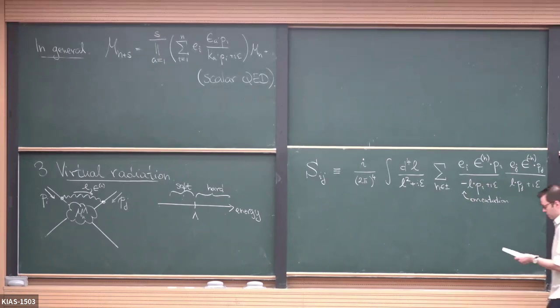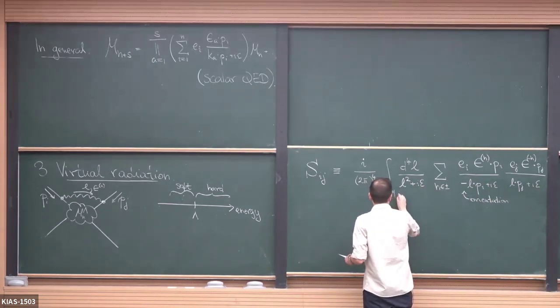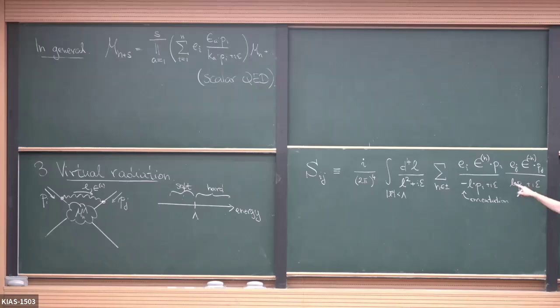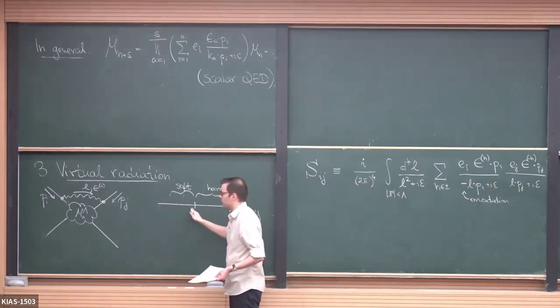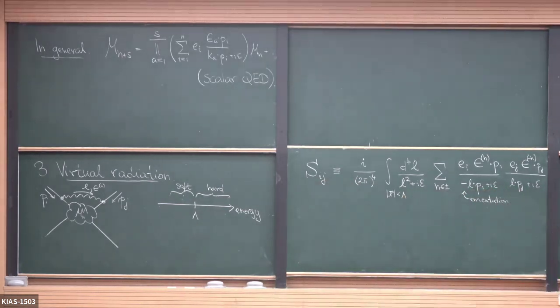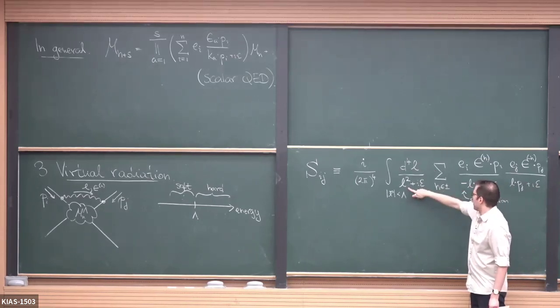Okay, and now what I also have to specify is which momenta I integrate over. By definition, I agreed that I'm going to only include the momenta of the soft modes, which are the ones below the capital lambda cutoff. However, just by power counting of this integral, we can count how many powers of L we have.